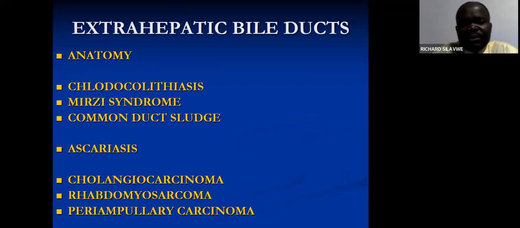For the extrahepatic duct, we are going to look at the anatomy. Then we also look at the common diseases that affect the duct. We have choledocholithiasis, Mirizzi syndrome, common bile duct sludge, ascariasis, cholangiocarcinoma, rhabdomyosarcoma, and periampullary carcinoma.